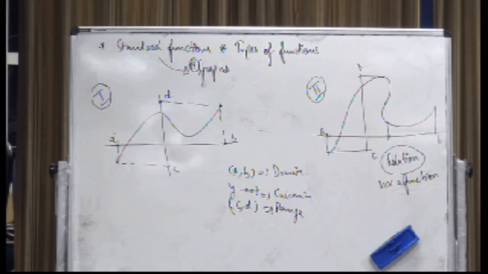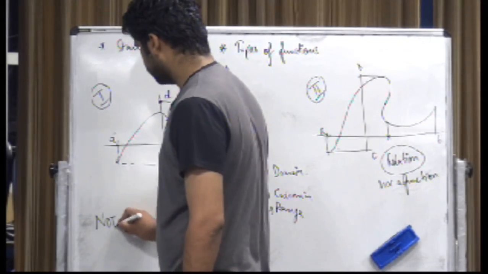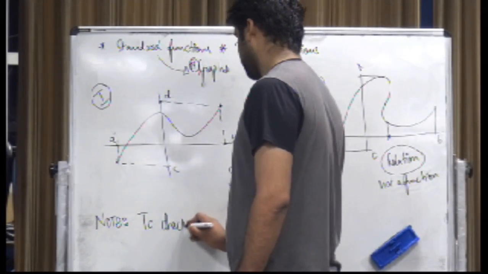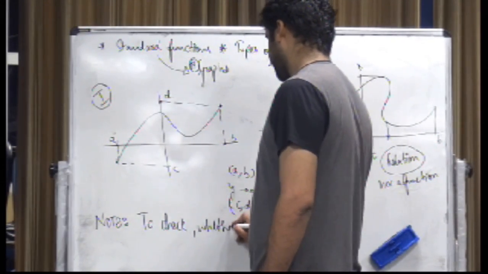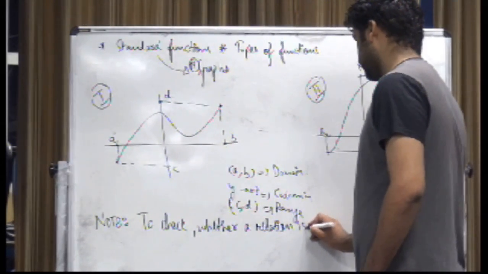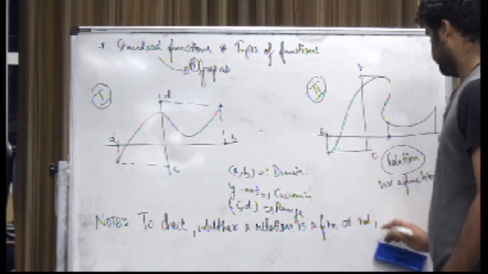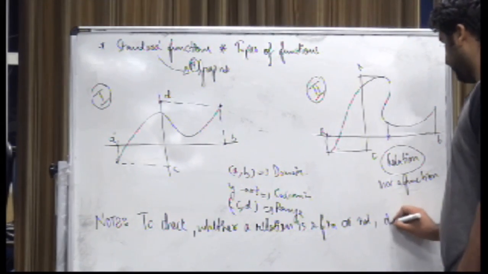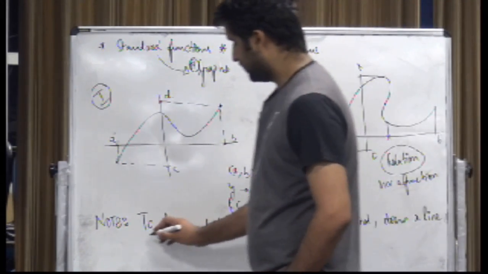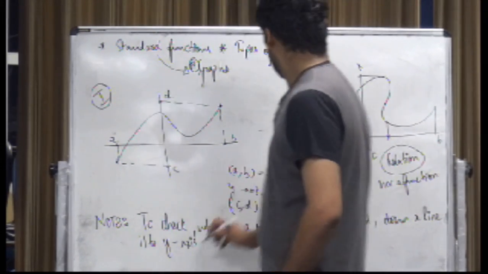Okay, so just write down one note. To check whether a relation is a function or not, draw a line parallel to the y-axis, right?